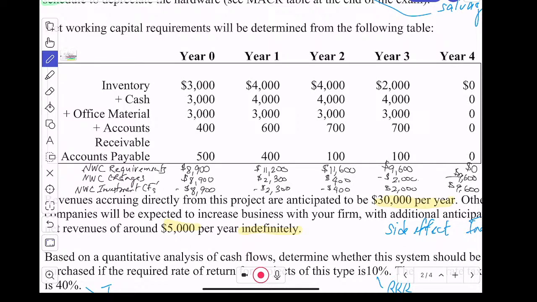Okay, now these cash flows I need for my table, or for my calculation.